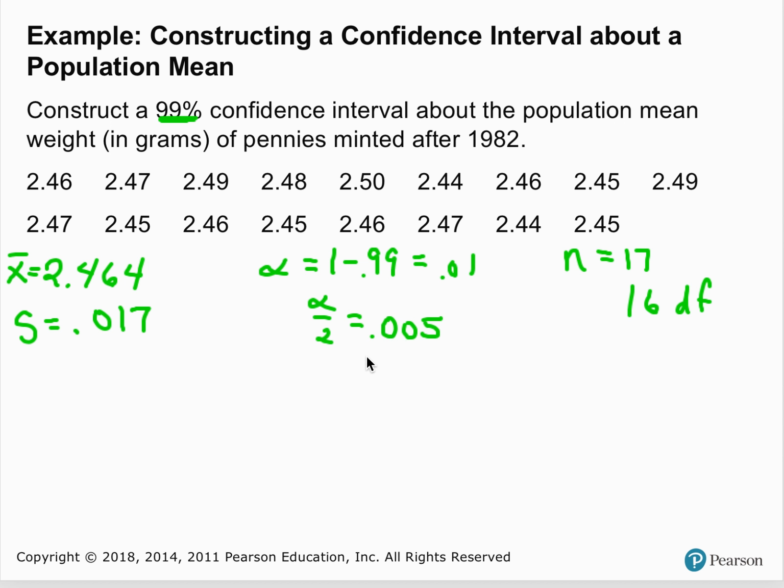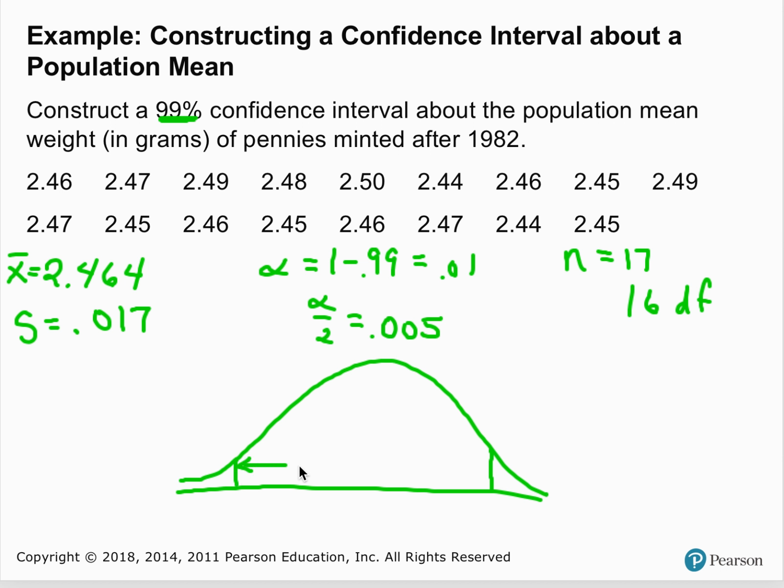Okay, so now let's look on our table. Let's think about what this is that we want. It's really probably important to draw this and figure out what we're talking about. Okay, so if we're looking on our table, we want a 99% confidence interval.